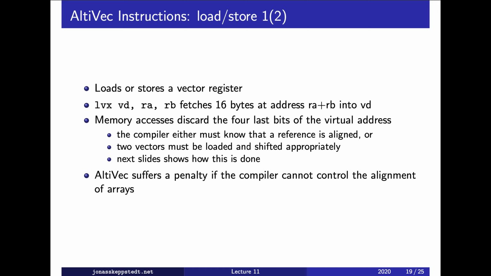And what that means is that the compiler must either know that a certain variable or an array in the program is aligned, not only the array, but actually the reference is aligned on a 16 byte boundary, or it must load 2 vector registers and shift.